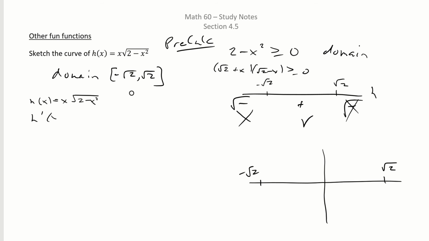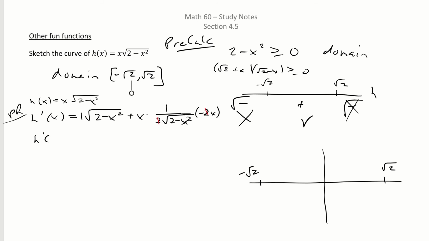So h prime of x, product rule, right, would be x's derivative 1 times the square root of 2 minus x squared, and then plus x times the derivative of this guy, which is memorized to be 1 over 2 radical 2 minus x squared. All kinds of traps and snares to watch out for. But you've got to hit it with the derivative, which is negative 2x. Thankfully, I've got a little bit of a cancellation with the 2's, but that's about it.